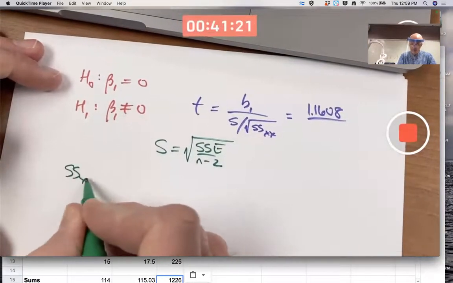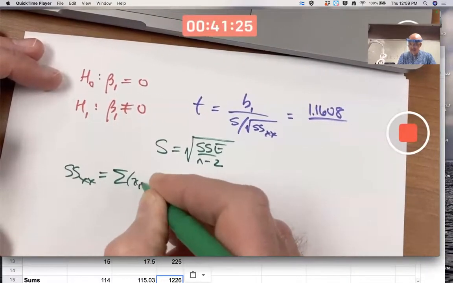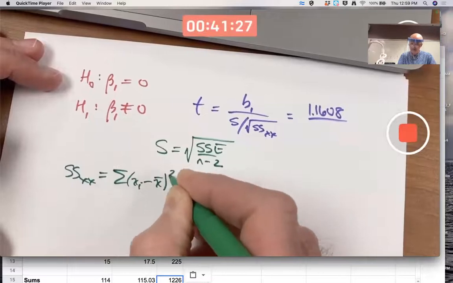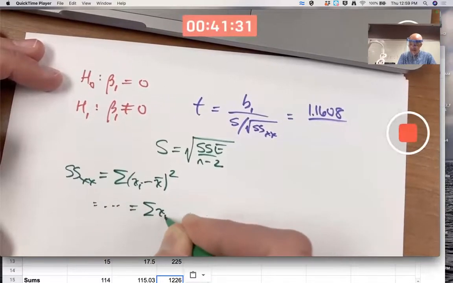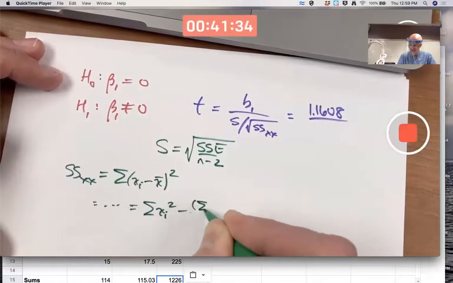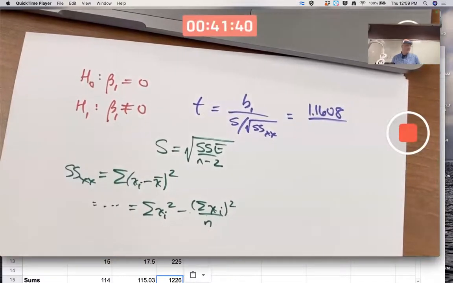Here is the definition of SSXX. I'm using lowercase letters for the x's, but not a real big deal. But then I said that's equal to this. I didn't prove it. I've written that down a number of times. That's something you should know.